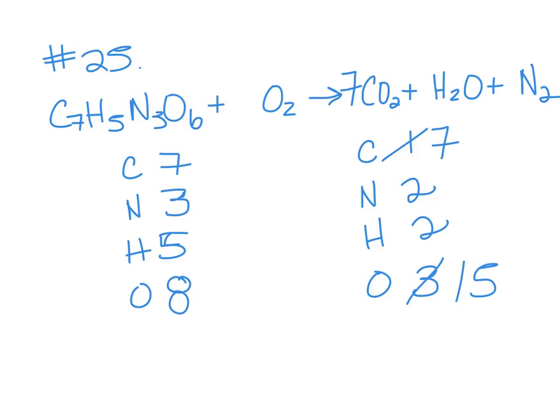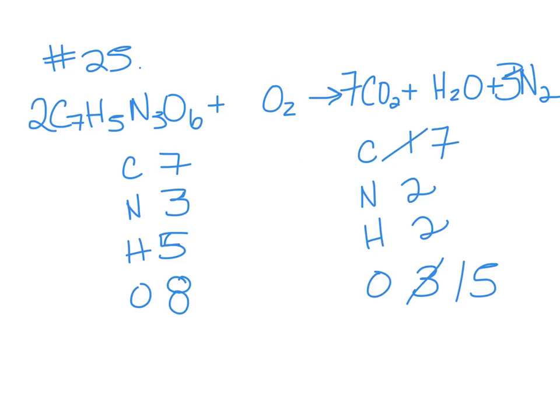The next thing that I notice is going to be my nitrogens. I have 2 nitrogens here and 3 nitrogens there. Sometimes when you have this, the easiest thing to do is to swap the subscripts and use them as a coefficient. This is what that looks like. I'm going to take the 3 and put that in front of the N2 here, and then I'm going to put a 2 over here.